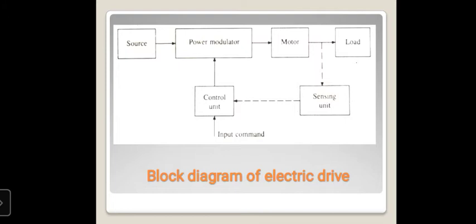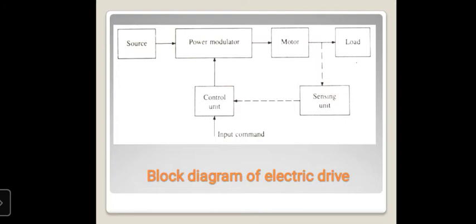How many types of compound motor are available? Cumulative type and differential type. Good. There are two types of compound motor available: cumulative type and differential type.